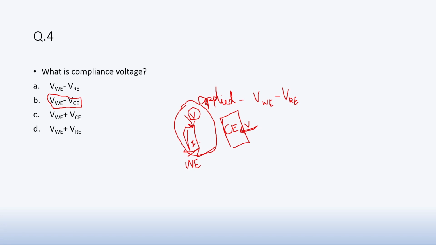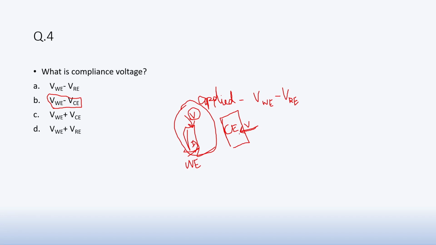To maintain that same current at the counter electrode, a potential needs to be applied, and that potential is applied by the potentiostat. So that keeps changing based on the current generated. I hope you get that. Is that clear?